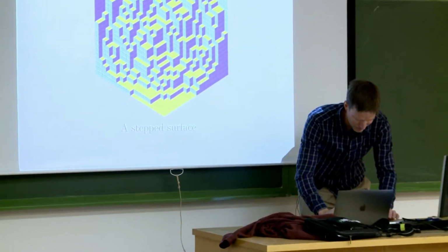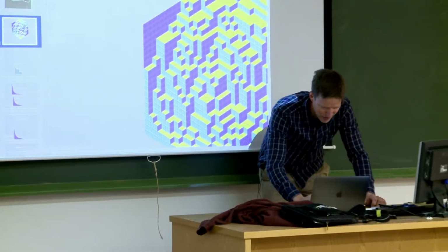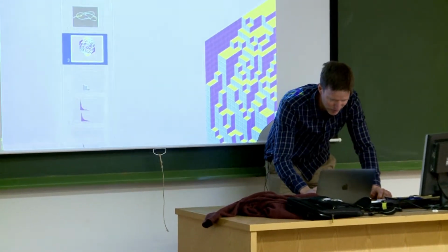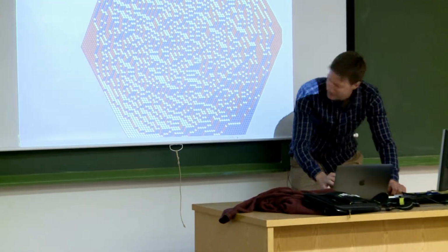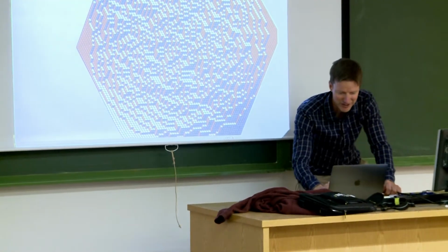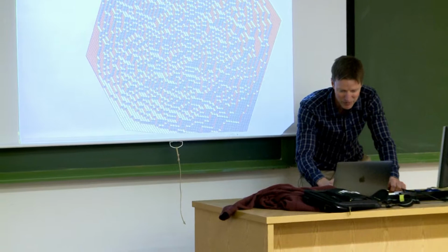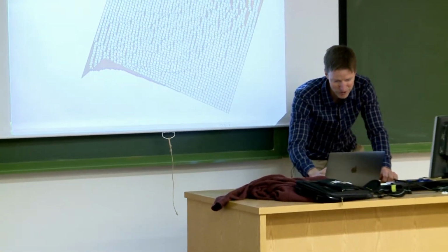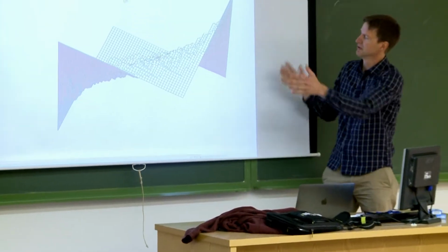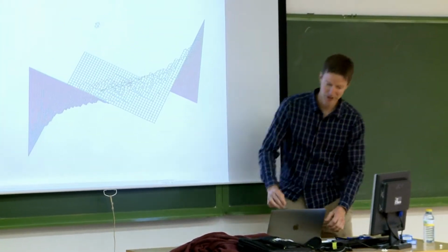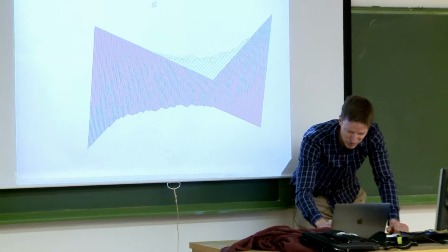Let me show you a simulation. Can everybody see that? I don't know if you can see the detail from the back row, but here's a three-dimensional picture of a randomly chosen minimal surface among all possible stepped surfaces spanning that particular wireframe boundary.